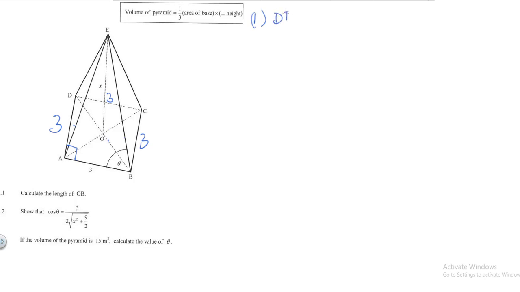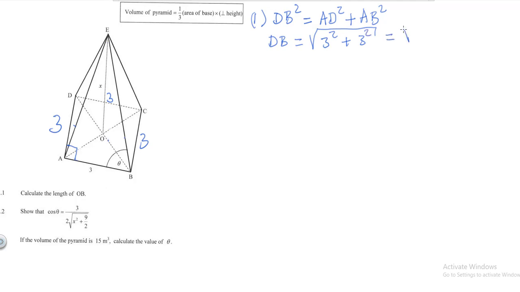So our DB squared will be equal to AD squared plus AB squared. What is going to happen here? DB will be square root, we remove square here, AD will be 3 squared plus 3 squared.